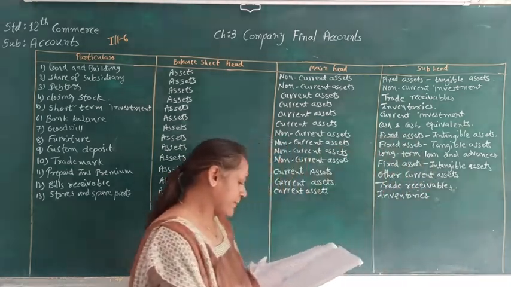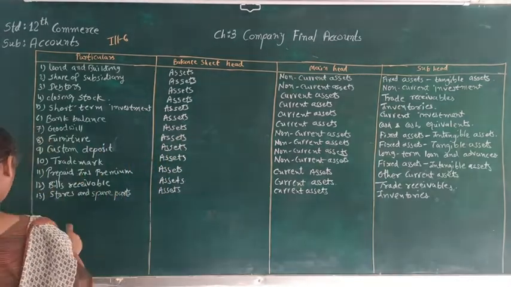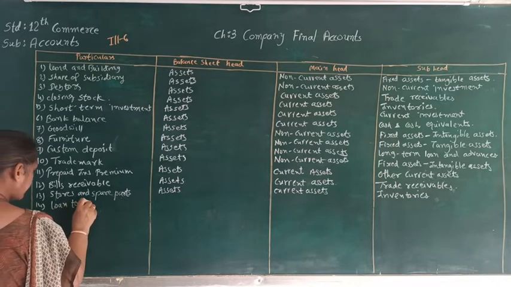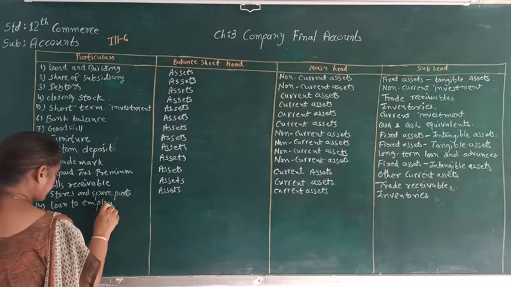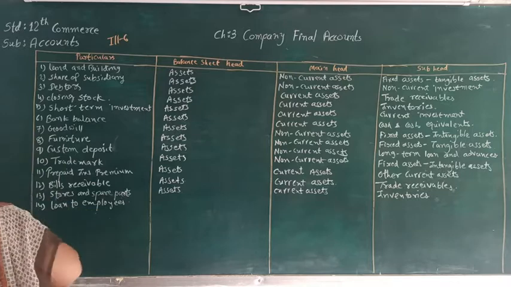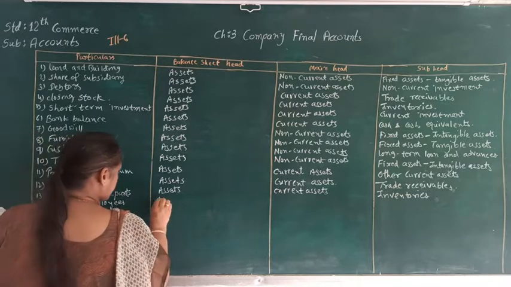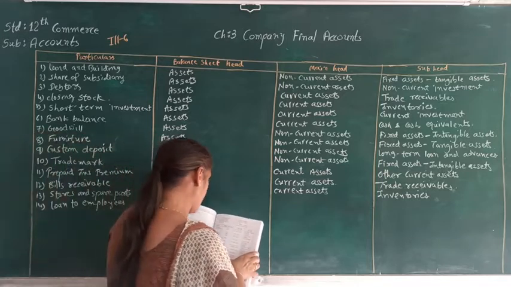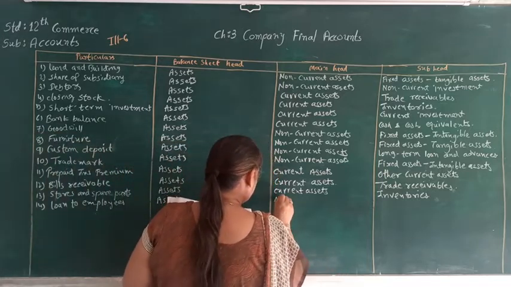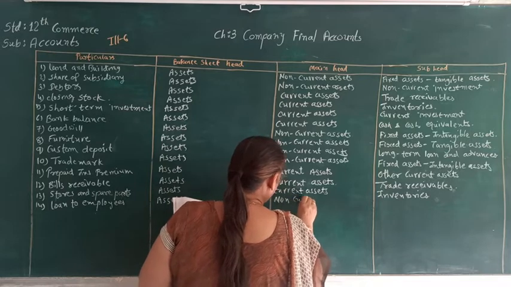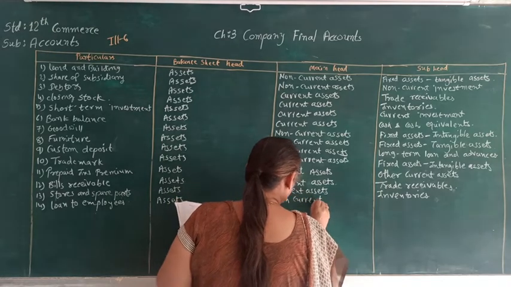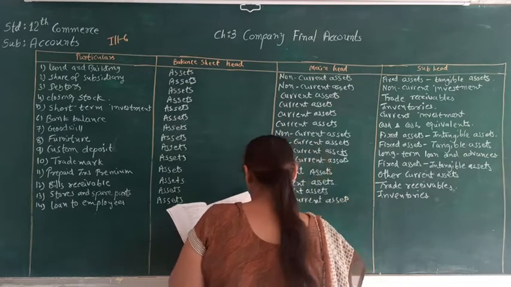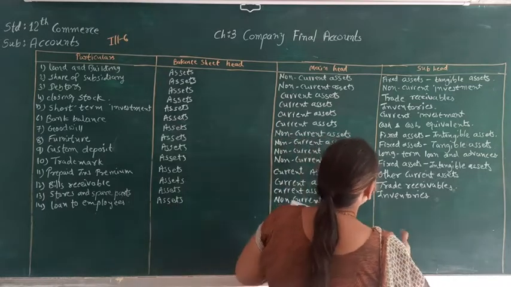After that, next is loan to employee, number 14. Loan to employee is an asset, and that asset is a non-current asset, as it is not shown that it is for the current year. It will be shown as non-current assets, and it is long-term loans and advances.